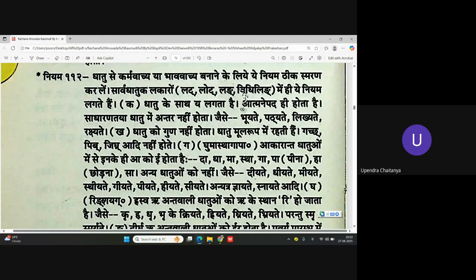Karta will be in Tritiya, and karma won't be there in Bhavavachya. Bhavavachya dhatus are all akarmak dhatus.